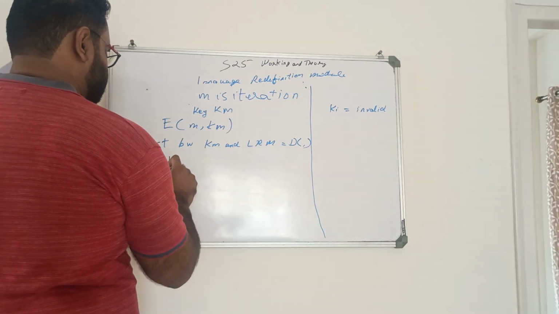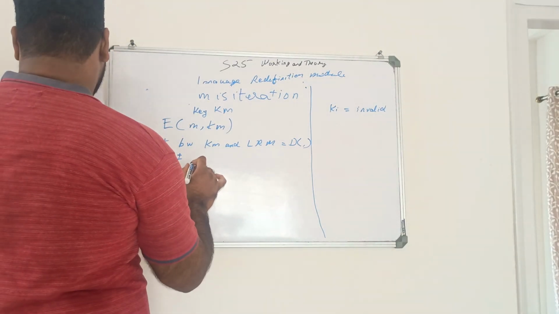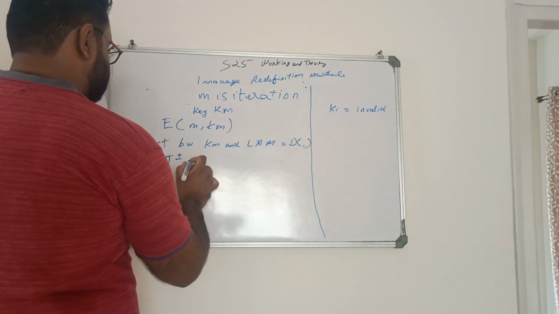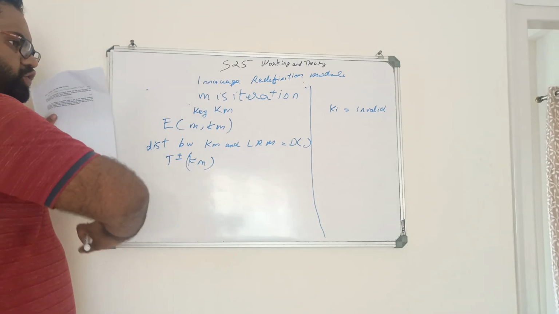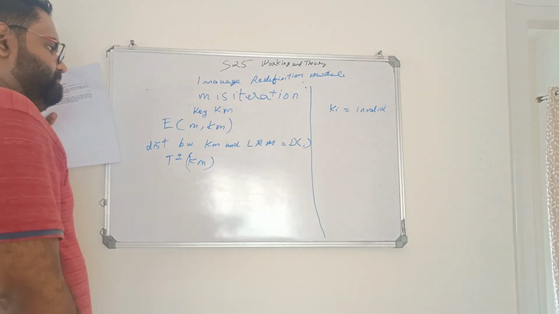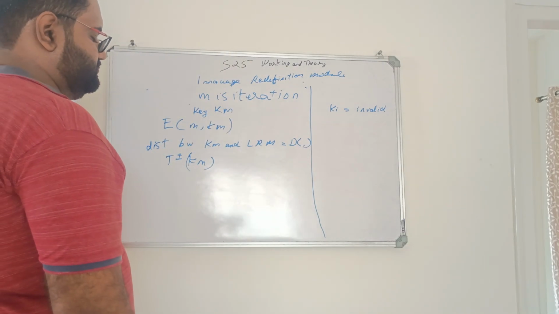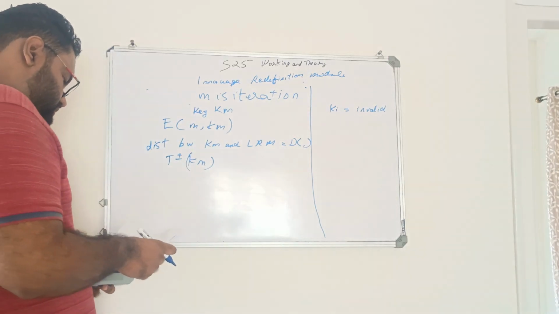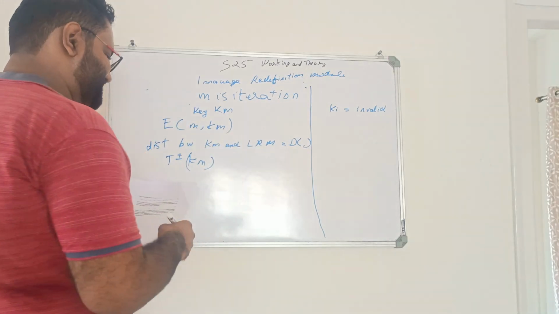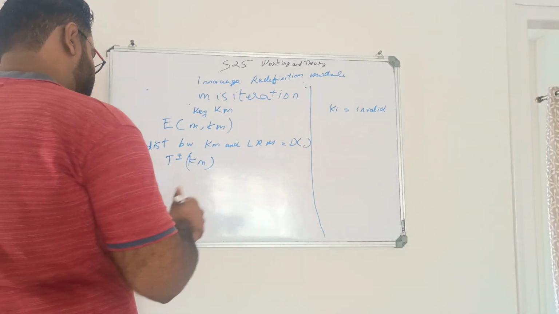So T plus or minus Km. This takes Km to all such kind of variations, and of course what we are looking for is the minimum distance to encode actually.